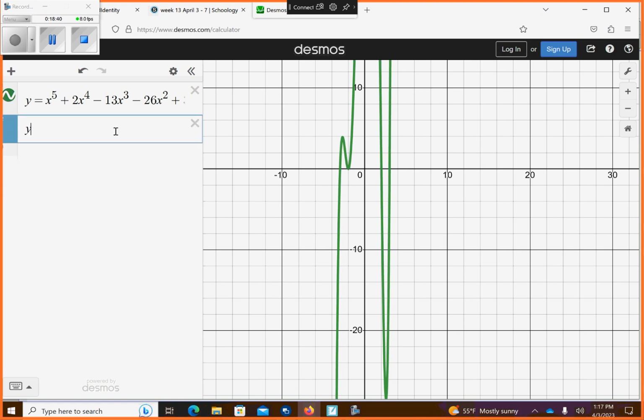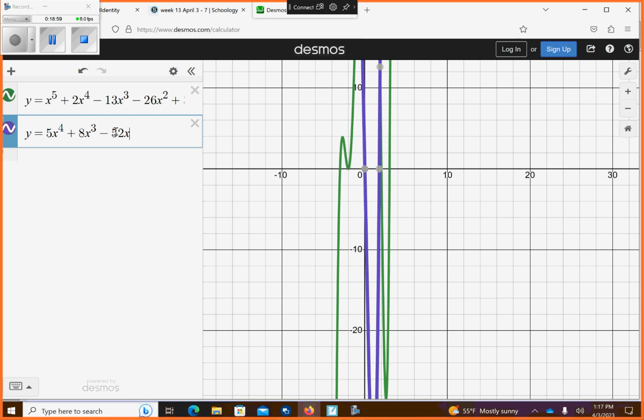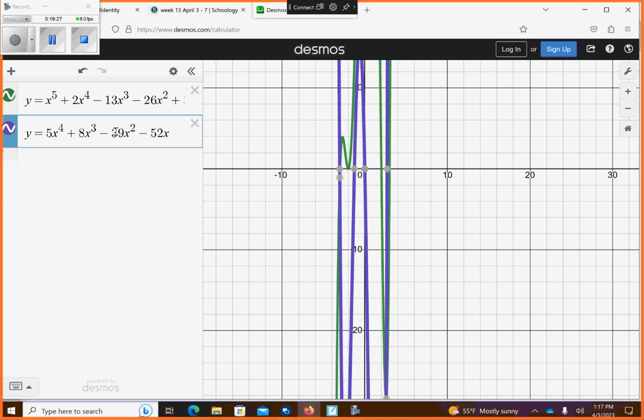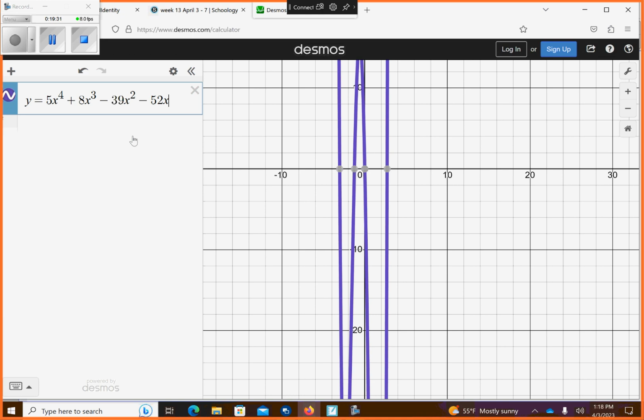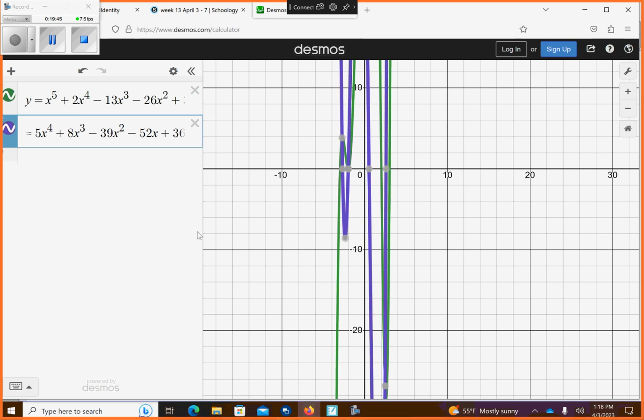If I plot a derivative on that... no, my derivative is wrong. 5x to the fourth, 8x to the third, minus 39x squared, minus 52x, plus 36. This is a train wreck looking thing.